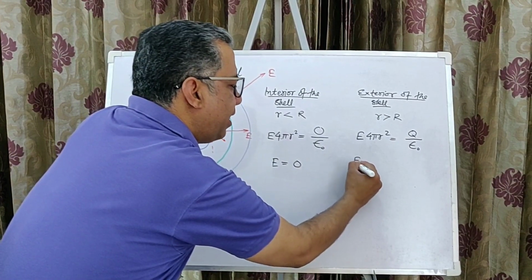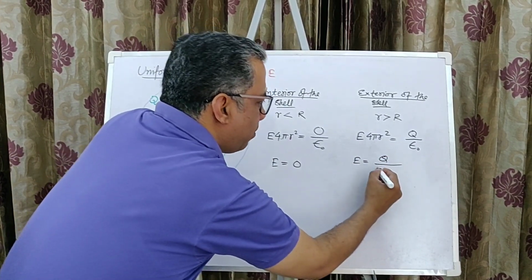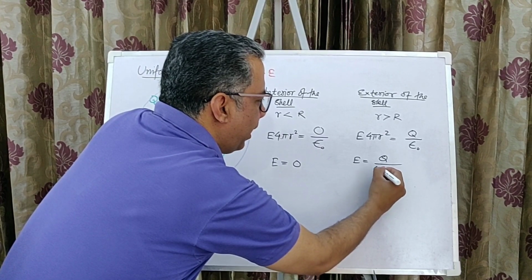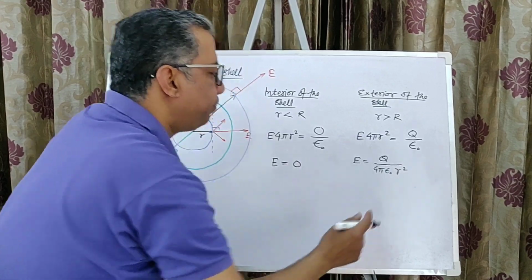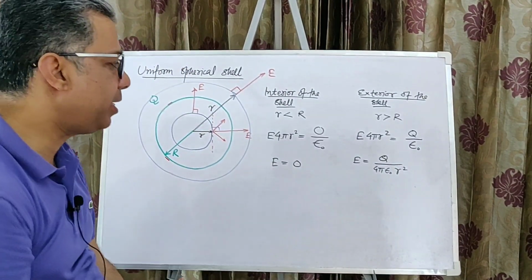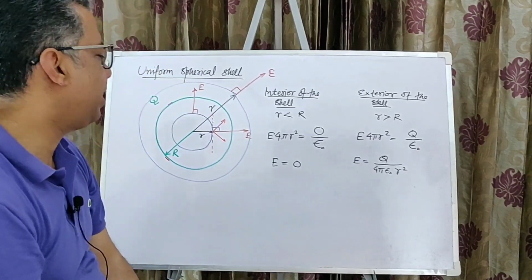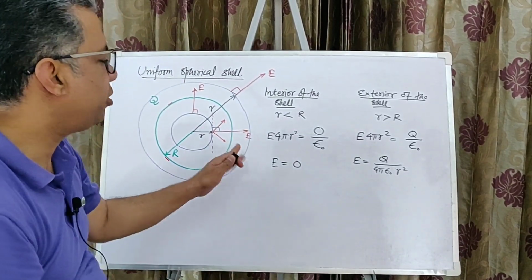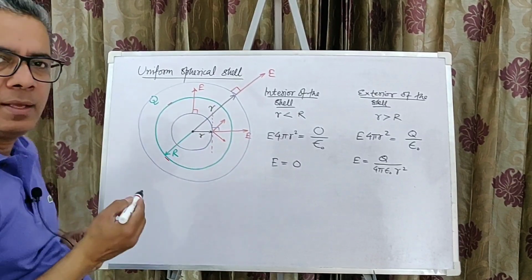The electric field therefore is Q divided by 4 pi epsilon naught r square. Now, which is pretty interesting. This is the expression for electric field of a point charge placed over here.